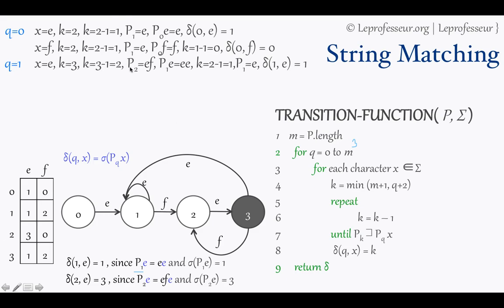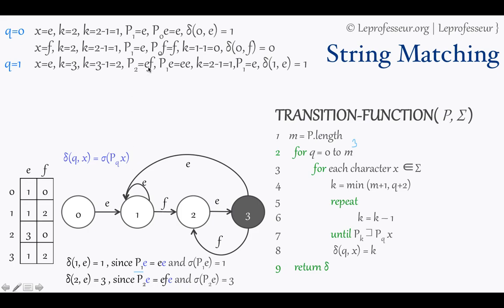Let's try to find out what p2 is. So p2, as we discussed earlier, is the string of characters we have read till we reach the state p2, minimum characters e and f.